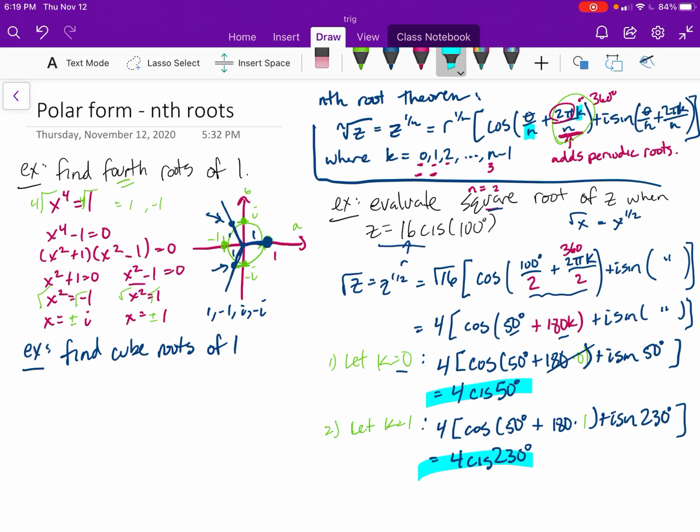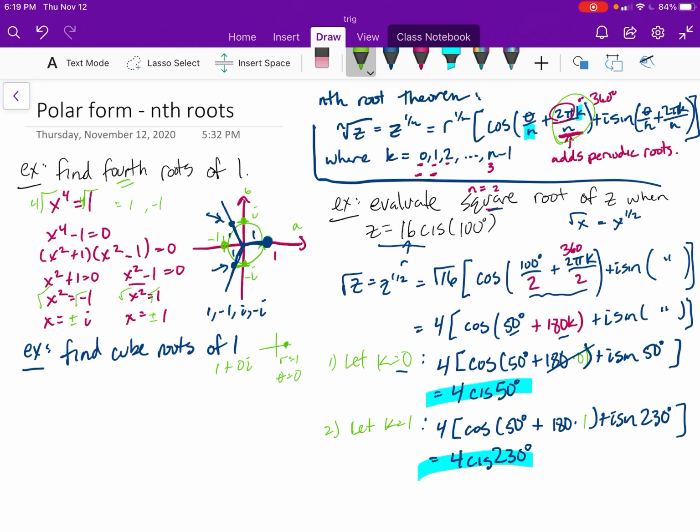So 1 is the same as 1 plus 0i, okay? And polar form then is, the angle we know is 0, right? So r is 1. The graph of 1 is just right here. So we know r is 1, and the angle theta is 0.